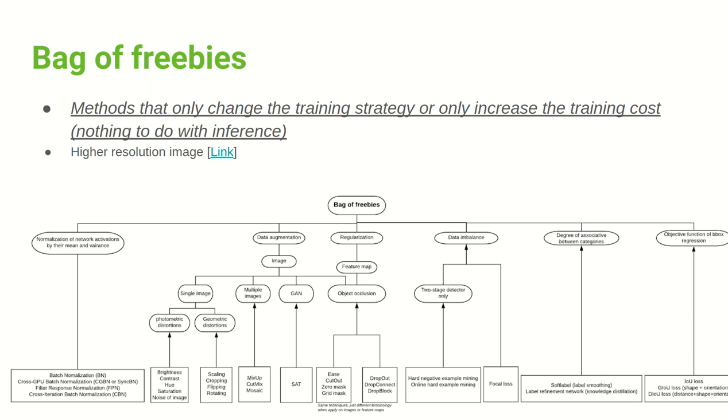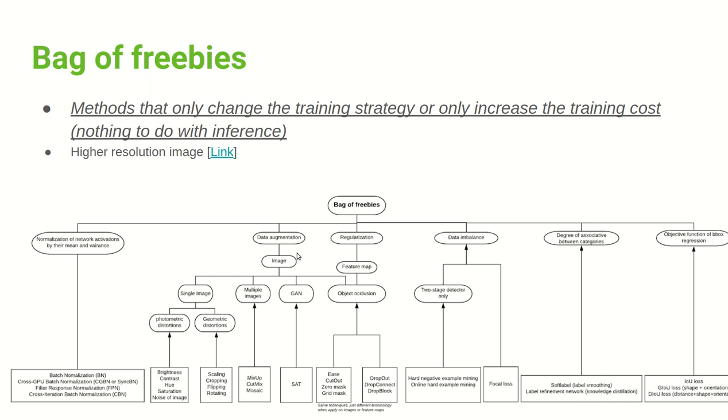And Mosaic is the data augmentation approach that YOLOv4 proposed, which is basically stitching four images together. Later we will talk about that. And you can also use GAN as an approach. Nowadays we all know that there is a different training strategy using adversarial training. Later we will cover this part as well, because YOLOv4 is using self-adversarial training as a data augmentation technique.